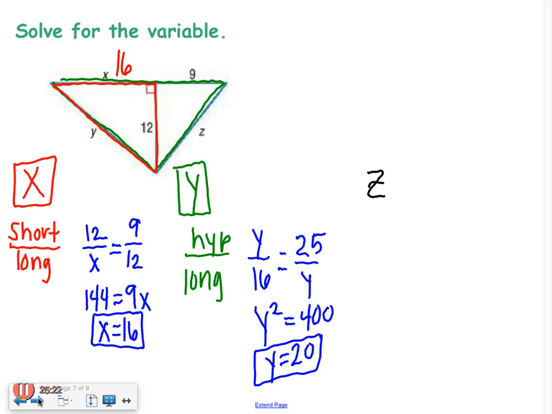Okay, on Z, on the right triangle, what leg is Z? On the little right triangle? Hypotenuse. And then on the big outside triangle, what leg is it? Short. Now we just write it out. So I have Z. What's my short leg on my little right triangle? 9.